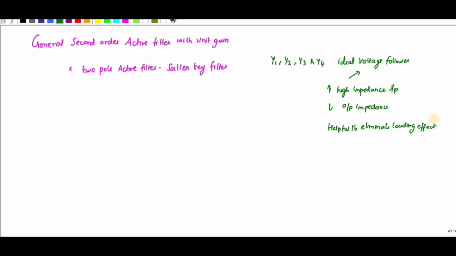So here we are using a non-inverting amplifier configuration in order to increase the gain and to eliminate the loading effect. So let us discuss the diagram first.